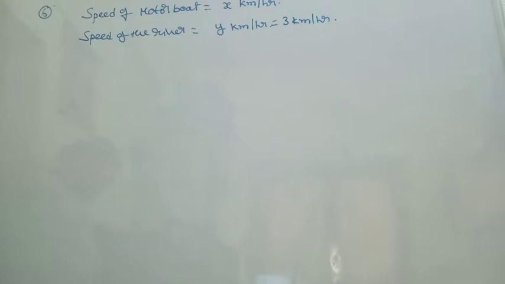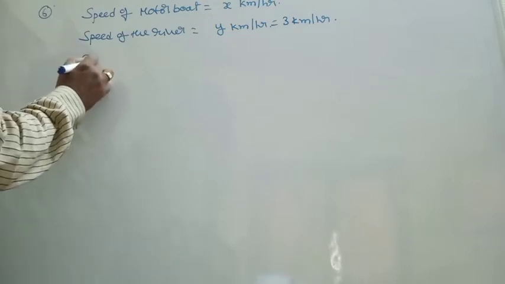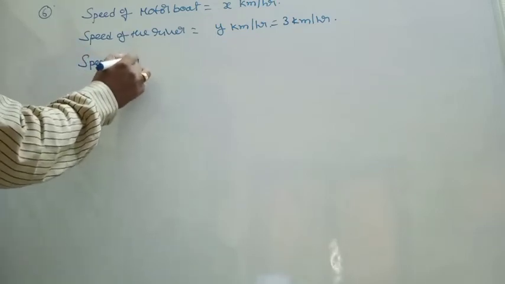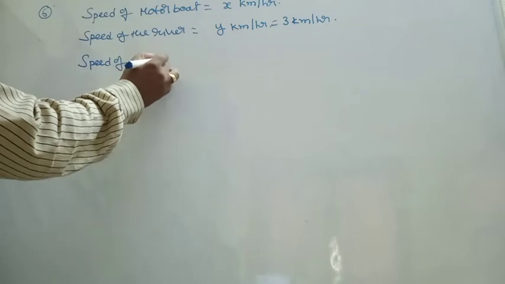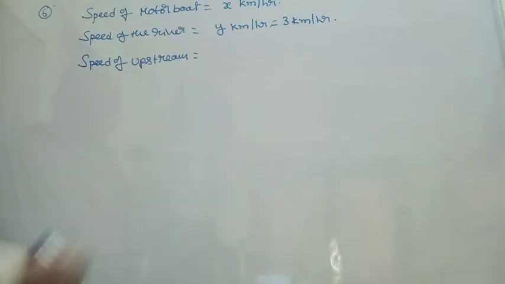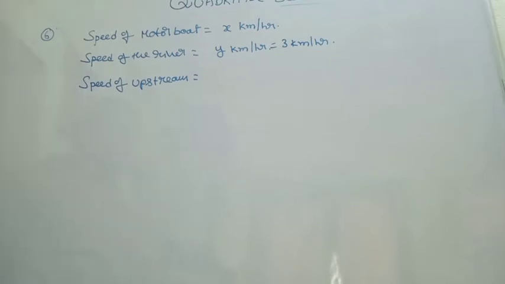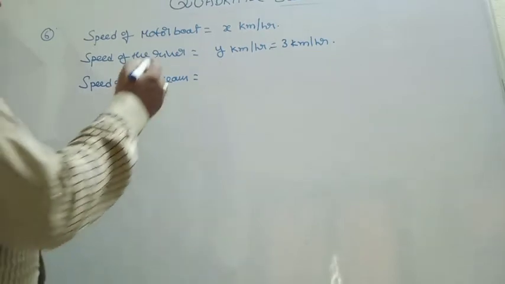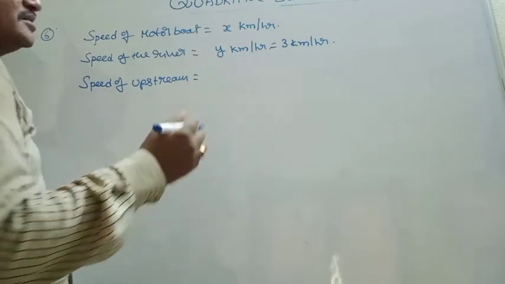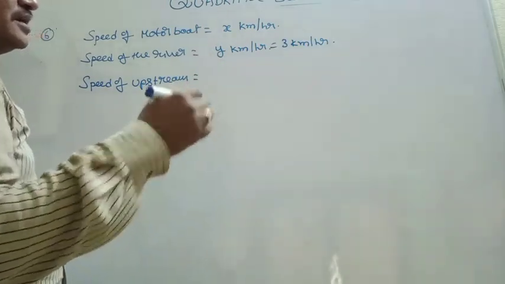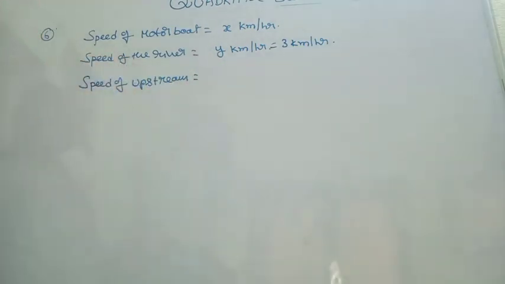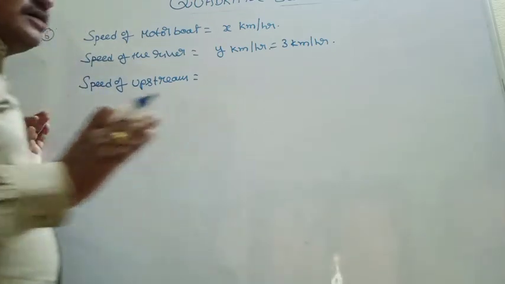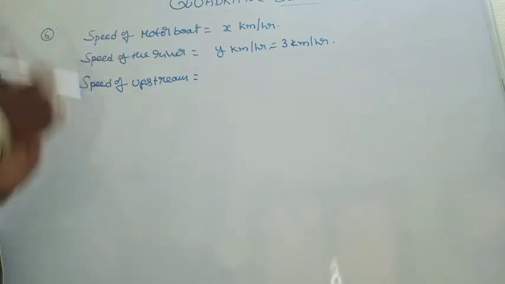The trip up and back takes a total of 6 hours. Now, the speed of upstream. Whenever we are going upstream, against the flow in the river, you will have a resistance for the boat.